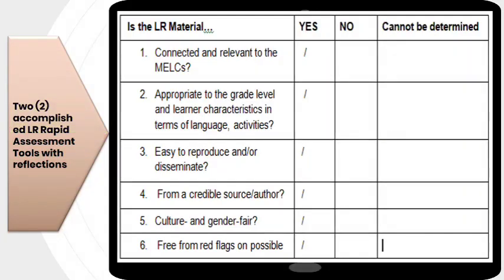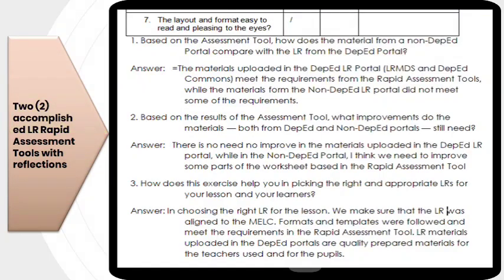Another checklist is the material connected and relevant to the MELC. That is what we got from the LR or LRMDS. So that is the reflections. There are three questions there with answers.